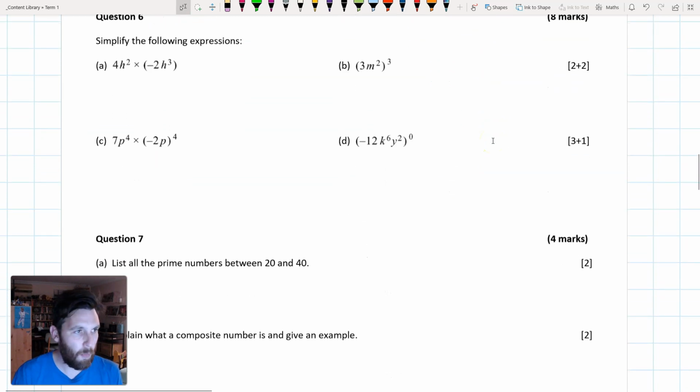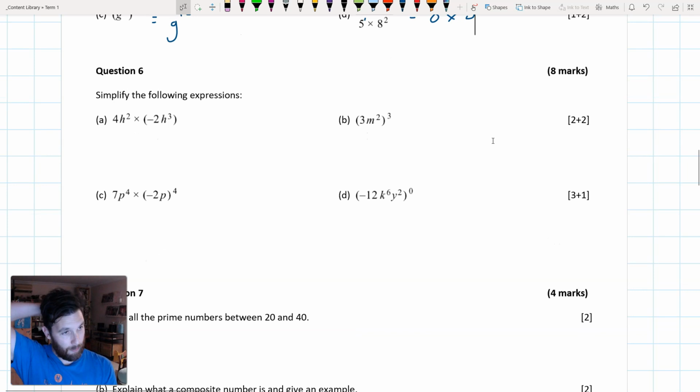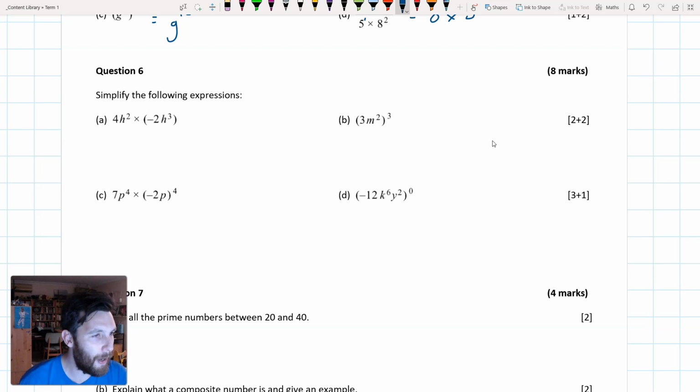Okay, this next one combines what we just learned with some coefficients out the front as well. So we've got h to the power 2 multiplied by h to the power 3. That was simplified to give us h to the power 5, because let's add those together. But then I've also got to do negative 2 multiplied by 4, which would give me negative 8.